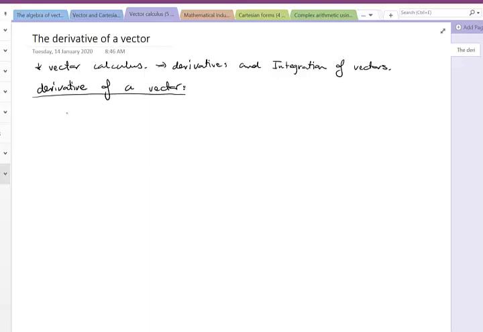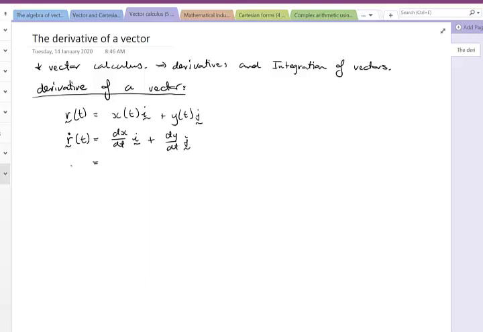If we have a vector function r with parameter t, which is in component form x with respect to t in the i direction and y with respect to t in the j direction, the derivative of this vector will be denoted by r dot, and we'll be looking at the derivative of x with respect to t in the i direction and the derivative of y with respect to t in the j direction.